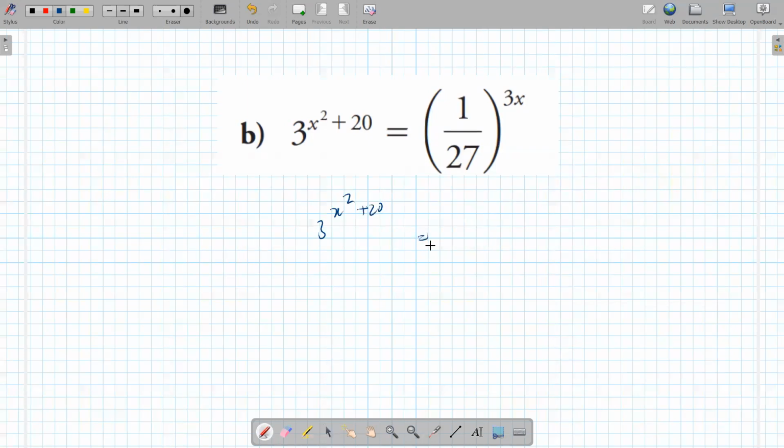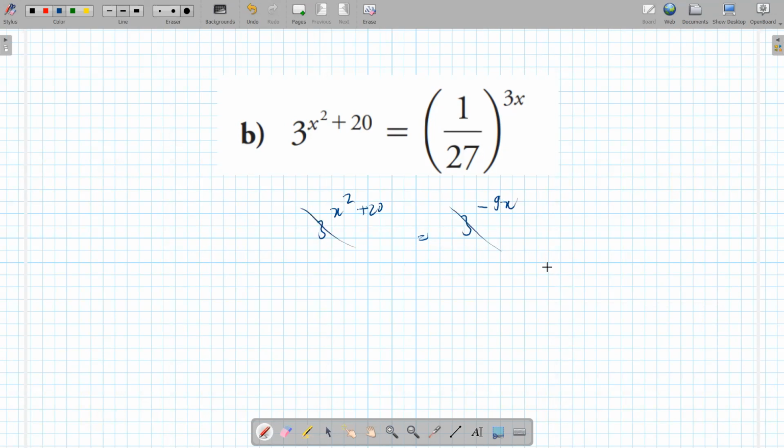What's 1 over 27 in terms of 3? 3 to the power of negative 3. So it becomes 3 to the power of negative 9x when you multiply it with that.